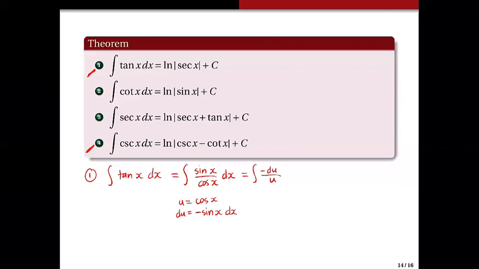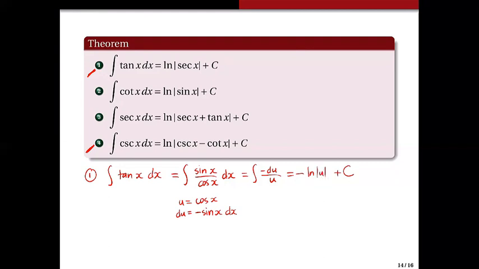And then what is this? This is just your logarithmic function. So equals negative ln absolute value of u plus c. But when you have a negative coefficient of your ln, you can make it an exponent of the argument.